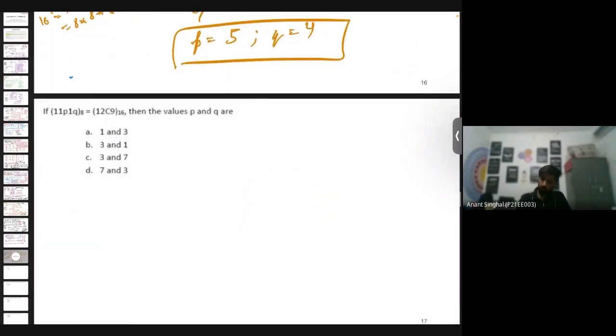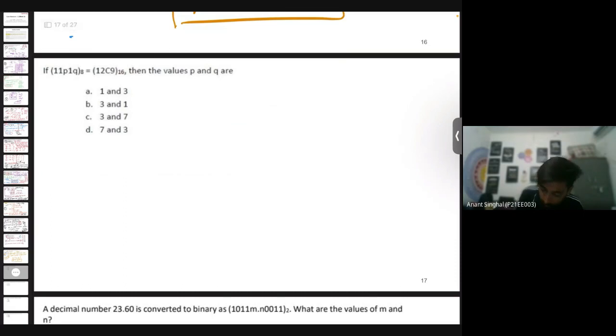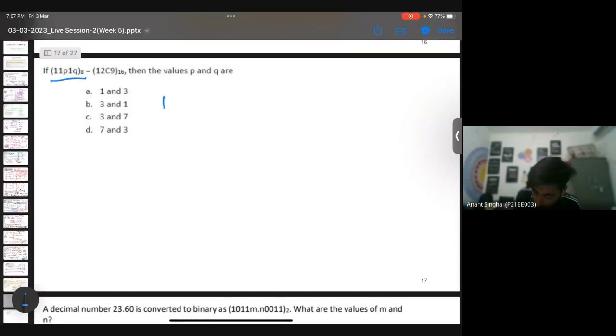So the next question is again similar to this problem. It says 1 into a to the power 4, then 1 into a to the power 3, and then p into a to the power 2, and then 1 into a to the power 1, and then q into a to the power 0.